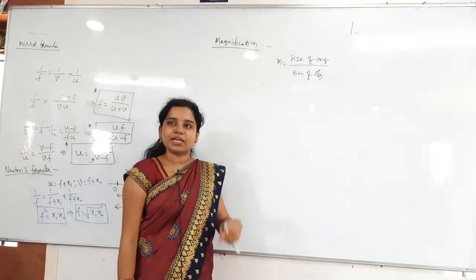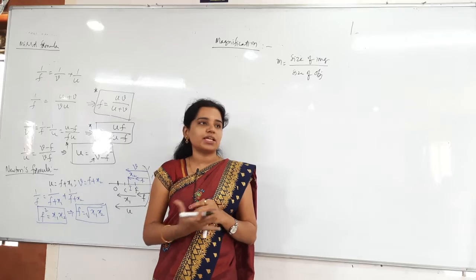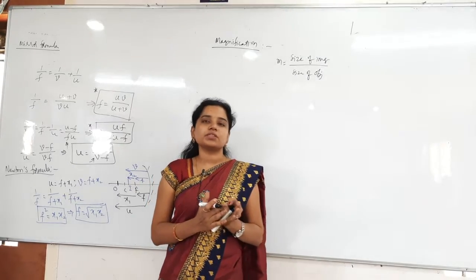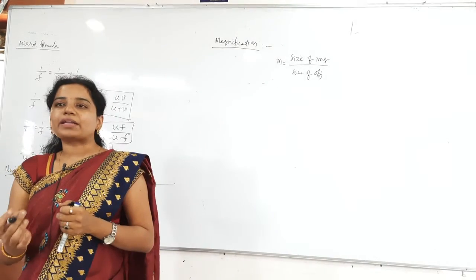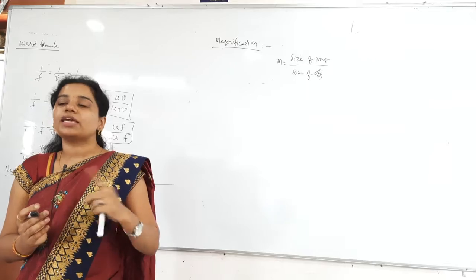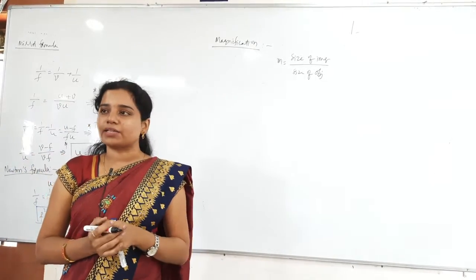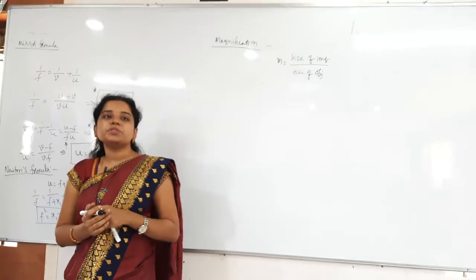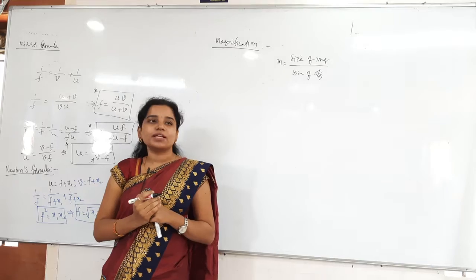That might be height, or the distance, or the area, or the length. So in magnification, we will have different magnifications. One is lateral magnification, another is longitudinal magnification, another is areal magnification. Lateral or transverse magnification means the object will always be kept perpendicular to the principal axis. That is lateral magnification.